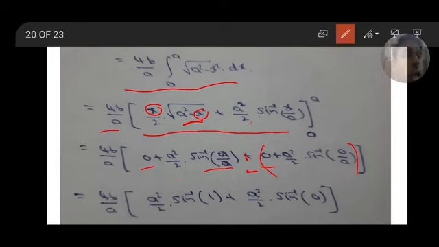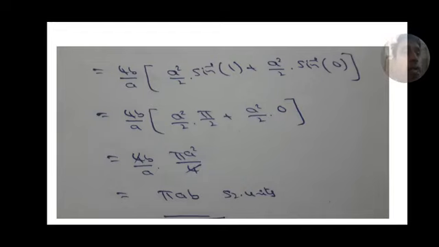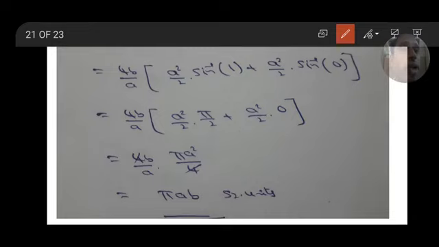A square by 2 sin inverse a by a means sin inverse 1, minus a square by 2 into sin inverse of 0. So a square by 2 into sin inverse 1, minus a square by 2 into sin inverse 0.